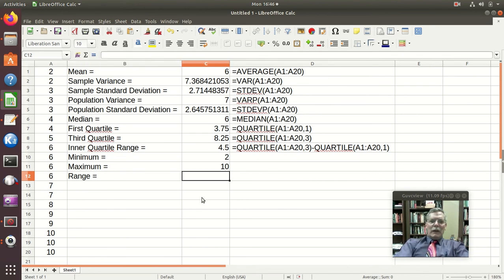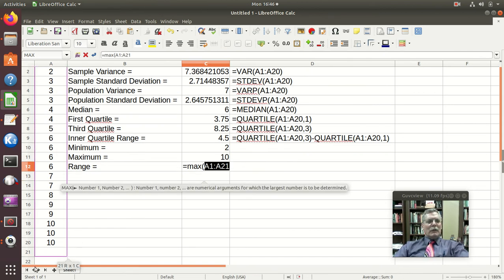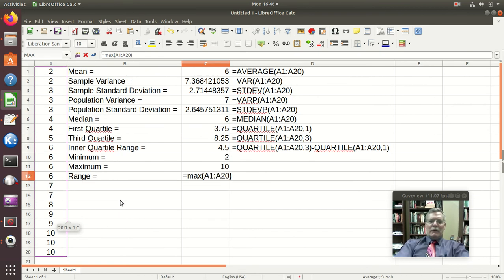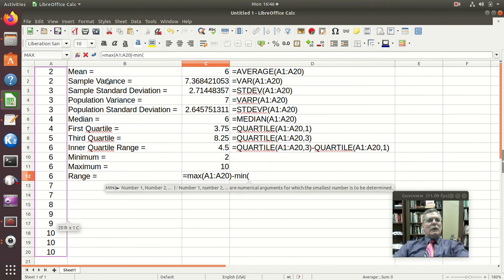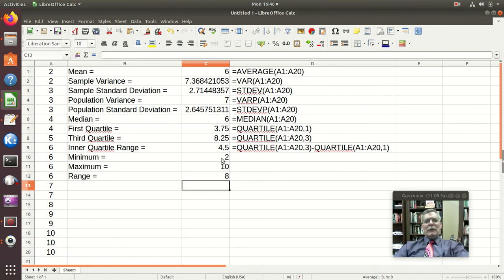So again, I could just do that. I could say equals MAX, highlight all those, and if I didn't find it separately, this is what I would have to do, and then MIN, and do all those, and hit enter, and I get my 10 minus 2.